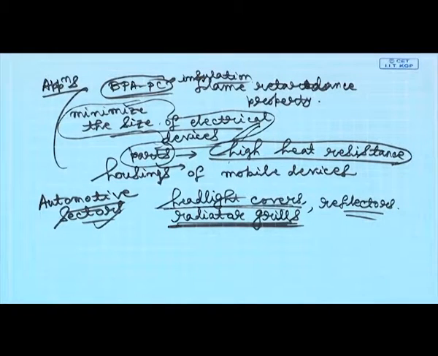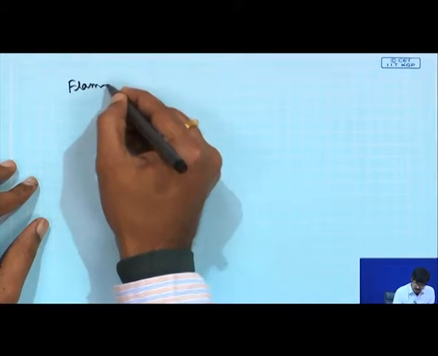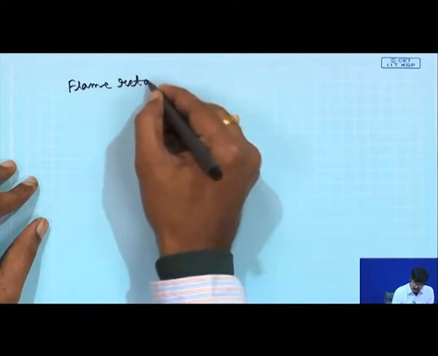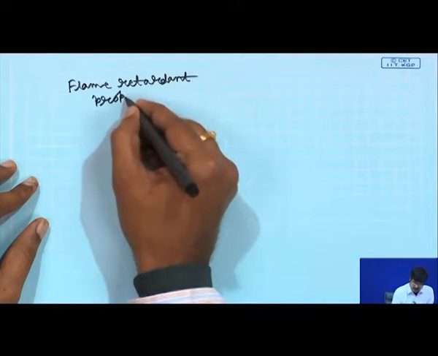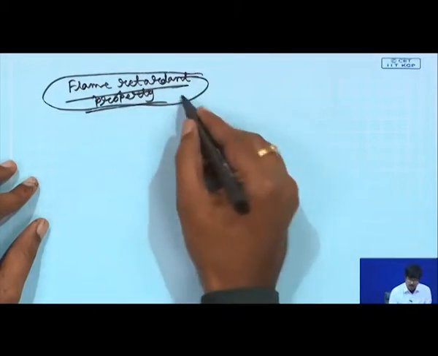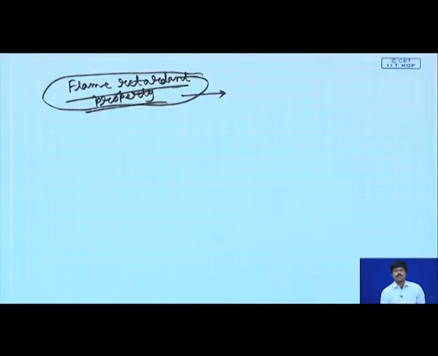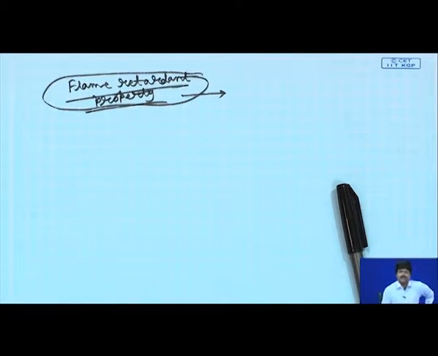All right. So, the final thing that we want to talk about here is the flame retardant property of these materials. Materials which show flame retardant properties are useful because they limit the devastating effects of fires.